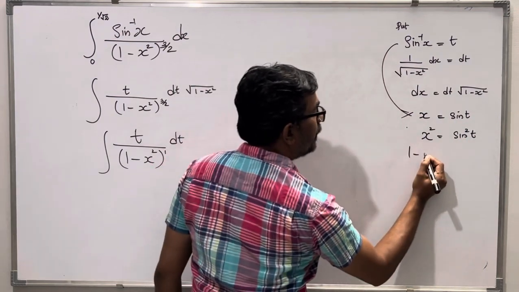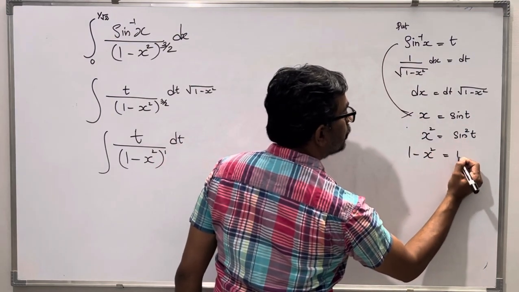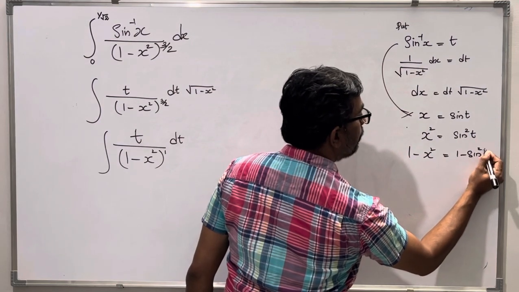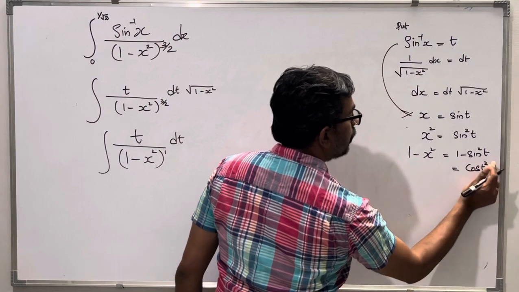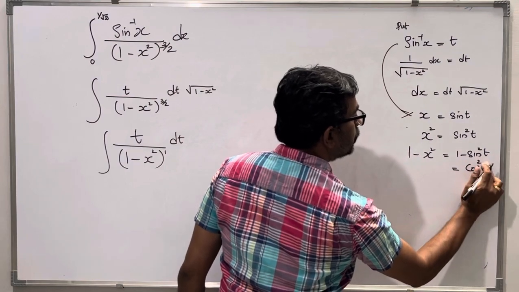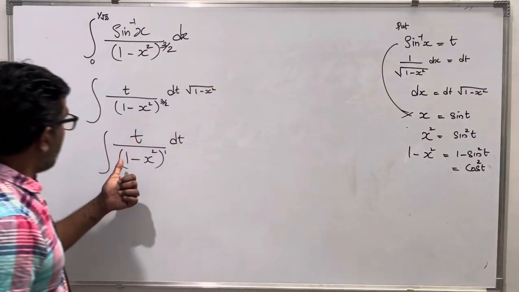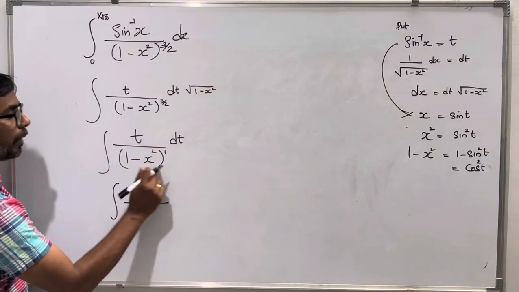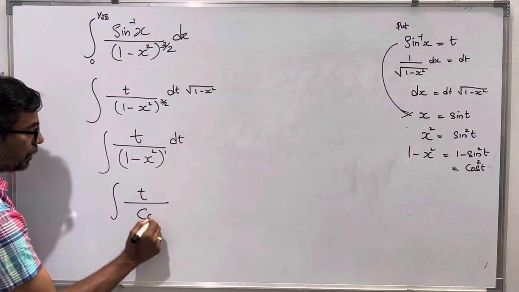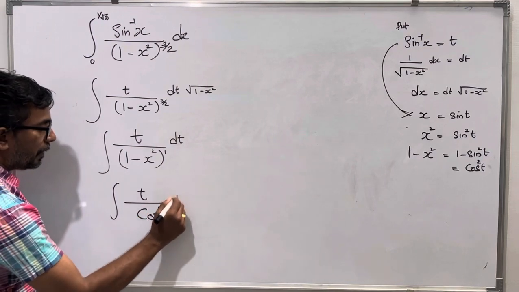If I write 1 minus x square, I should write here also 1 minus sine square t, so that is equal to cos square t. So here I will write this as integral t divided by 1 minus x square, which I will write as cos square t dt.